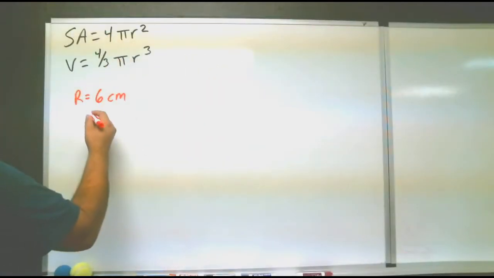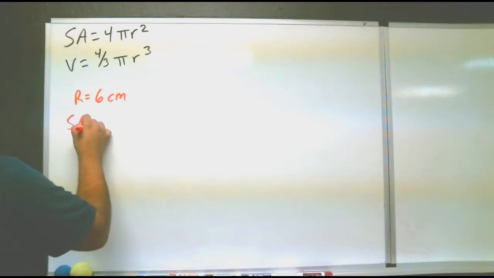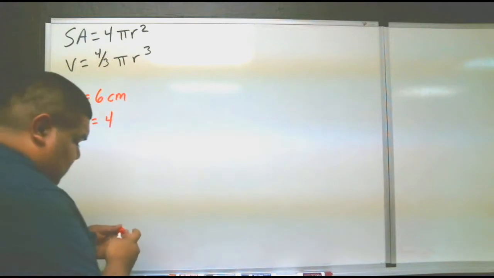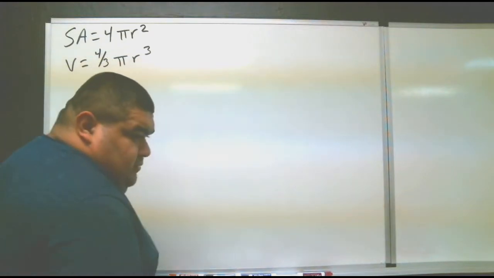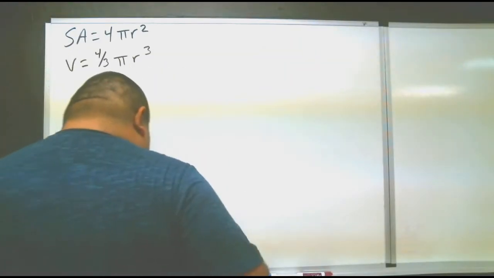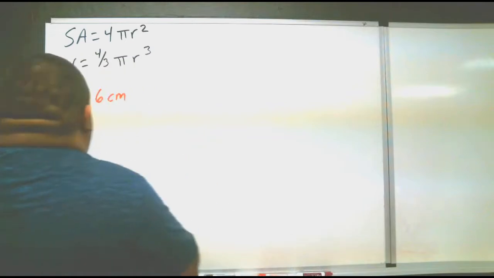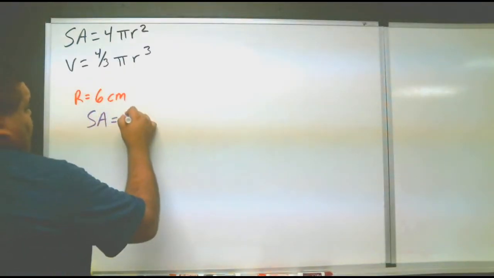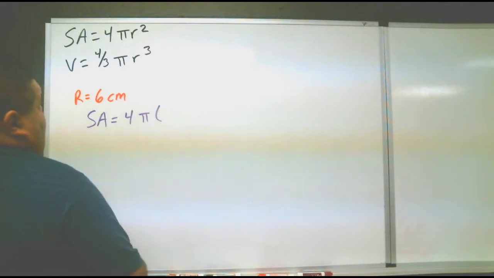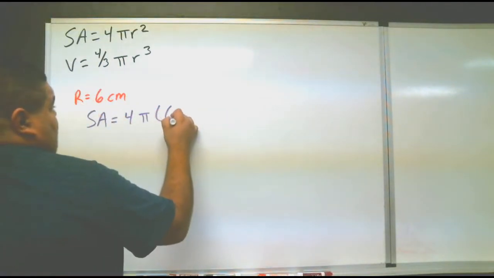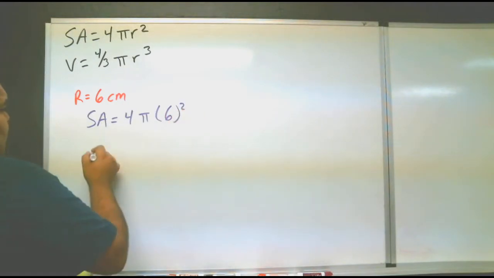So for surface area, let's do another color here, just so you can distinguish the difference. Let's use purple. So surface area equals 4 pi r, which in this case our r is 6 squared.